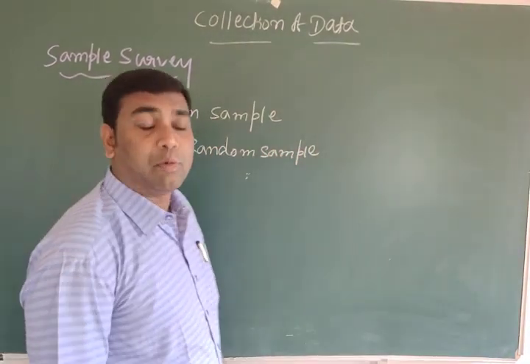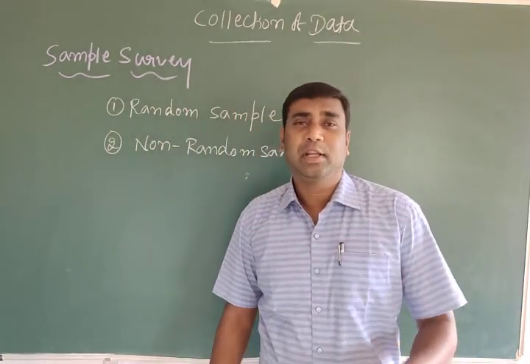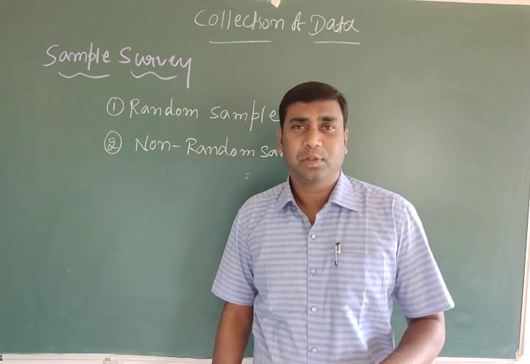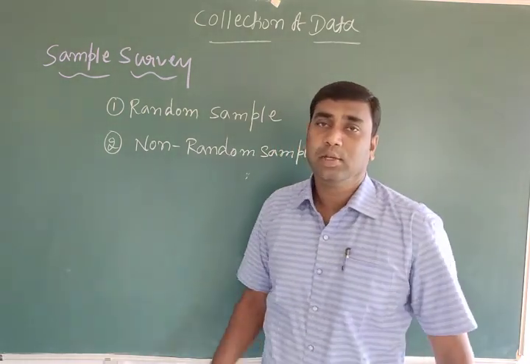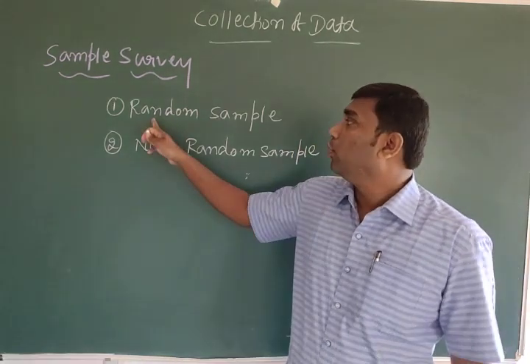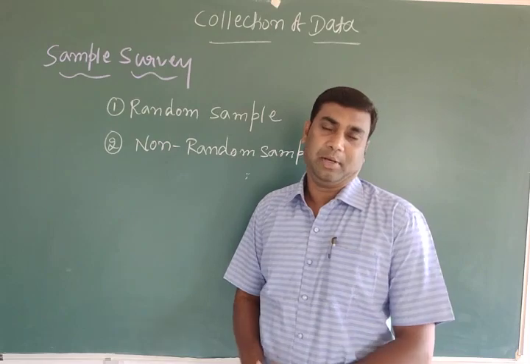With the help of the sample survey, we can count the population with less time and fewer expenses, in two models, in two samples. What are they? One is random sample, another one is non-random sample.